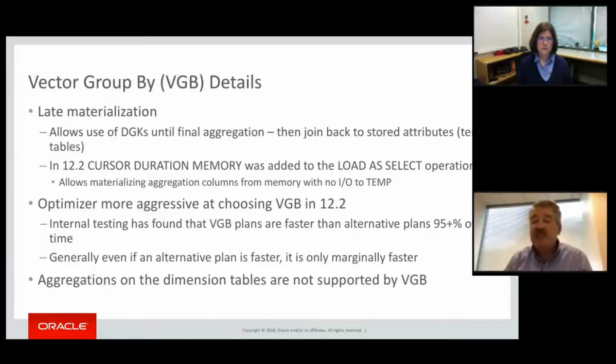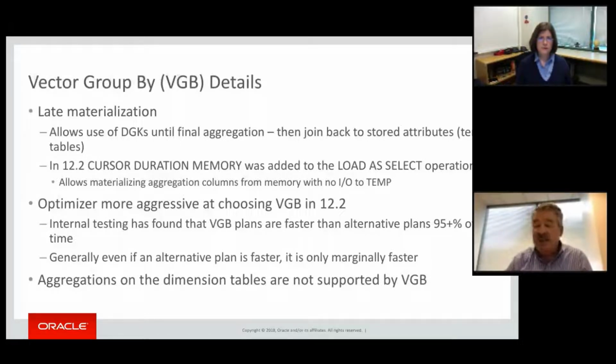Another change was that in 12.1, when we introduced Database In-Memory vector group bys, we weren't as aggressive at picking a vector group by because we wanted to make sure we were going to get a cost advantage from using them. It turns out in testing, in almost all cases, a vector group by is faster than any other alternative plan, so we're much more aggressive at choosing it.